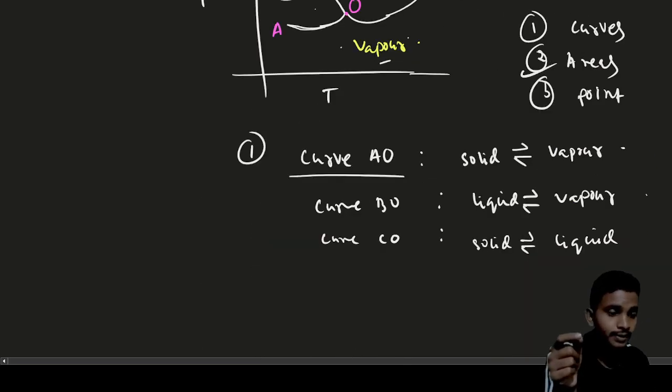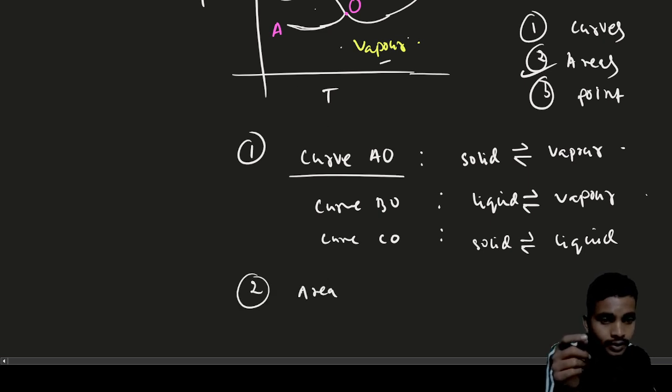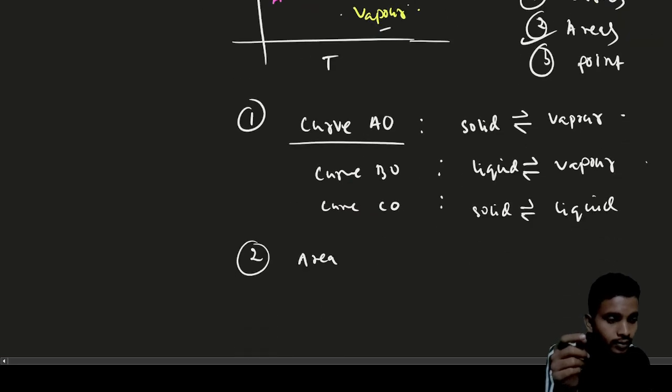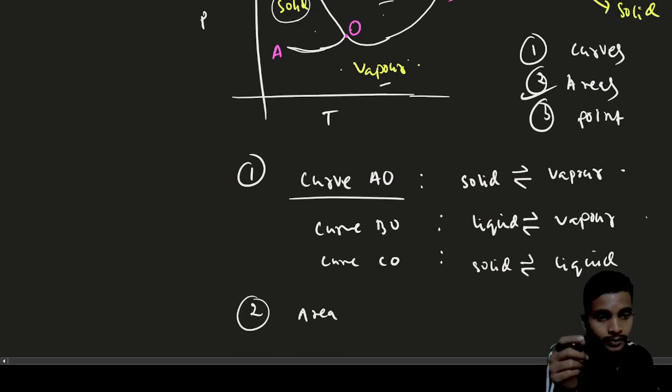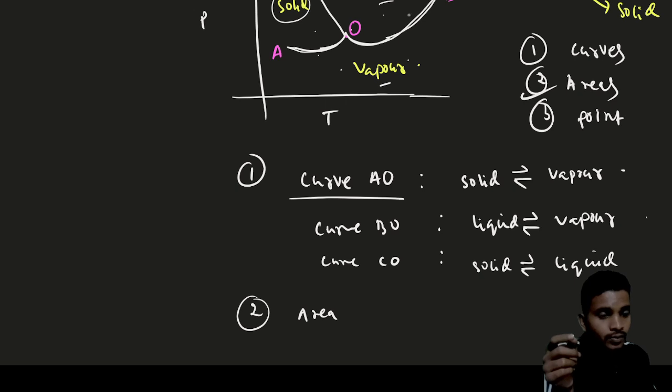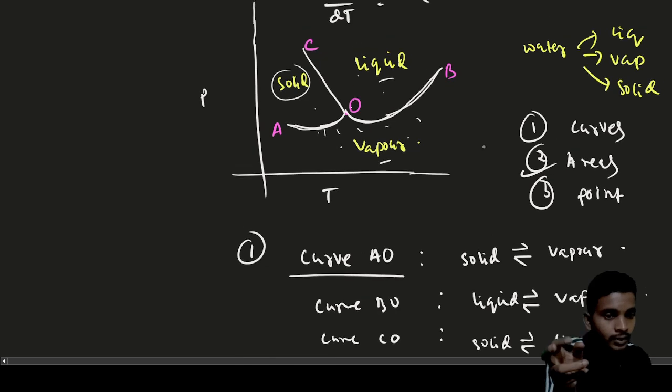Next we will discuss the areas. This area, this and this, is one area, and this below side is one area. Similarly COB means this area, and COA means this area.